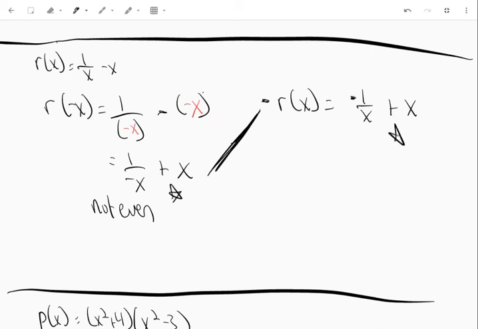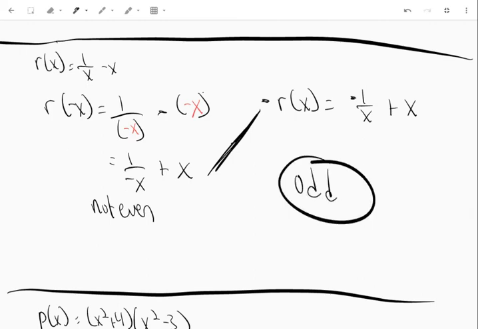Okay, the plus x and the plus x match up. And in this case, I have fractions. One of them, the negative is in the numerator. One of them, the negative is in the denominator. That does not affect the value, like I said before. So these are the same thing. So this is also an odd function.